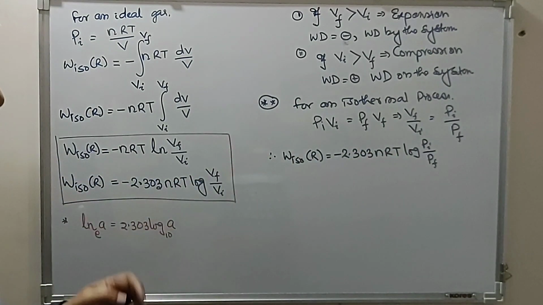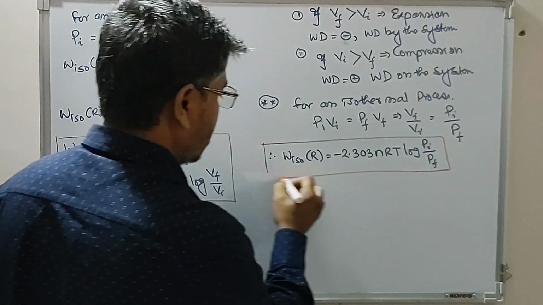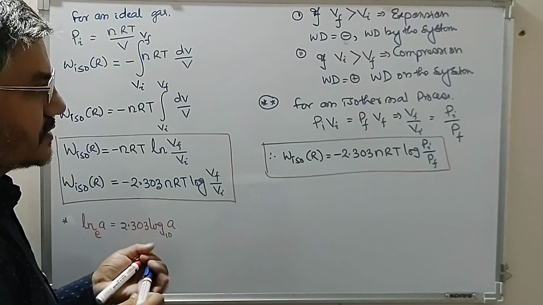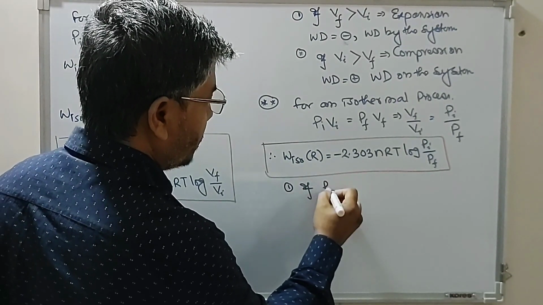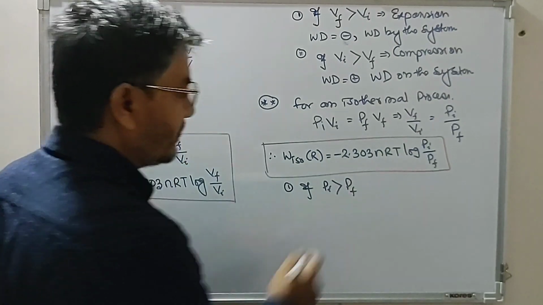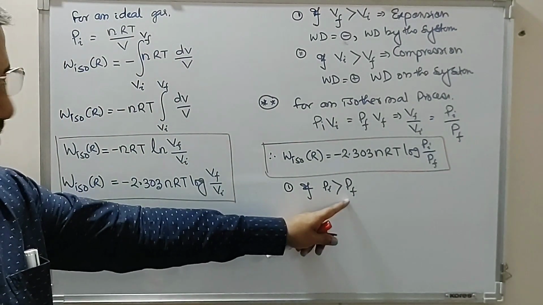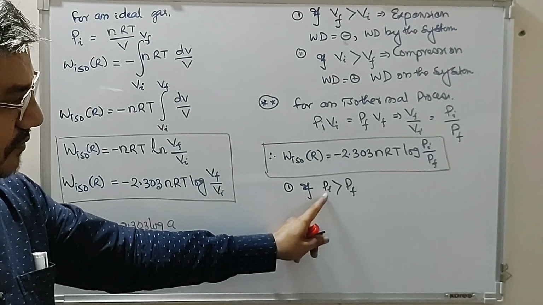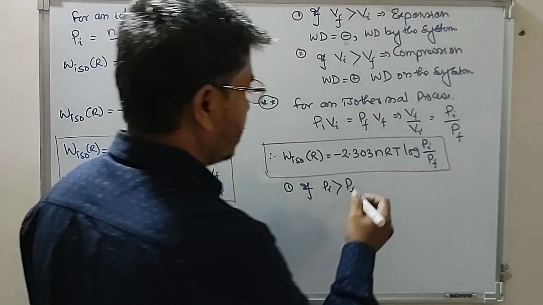So this is reversible isothermal work done involving ideal gas in terms of pressure. This is in terms of volume. So again, in this equation, look at this. If Pi is greater than Pf, if there is a decrease in pressure, initial pressure is more, final pressure is less, that means there is an increase in volume.